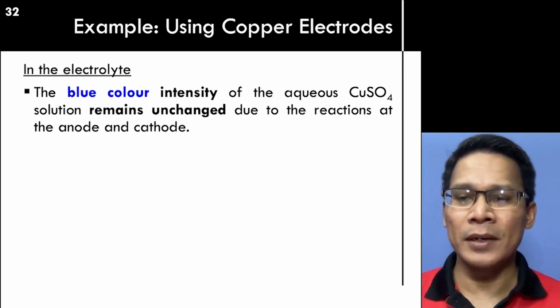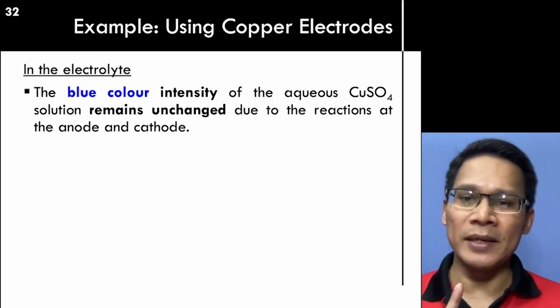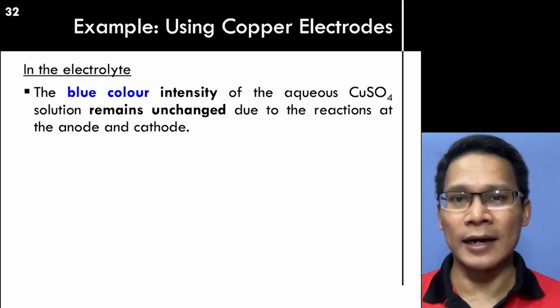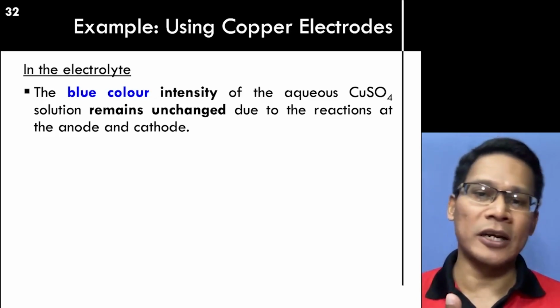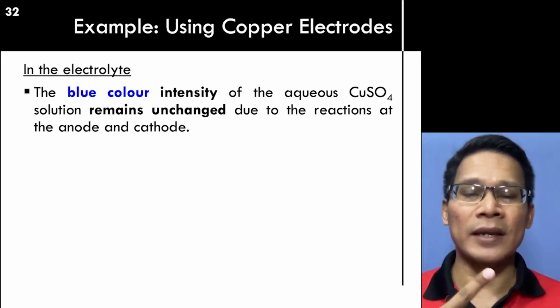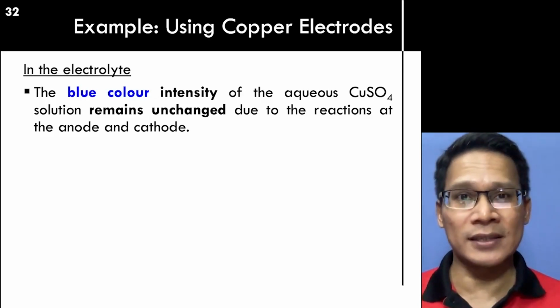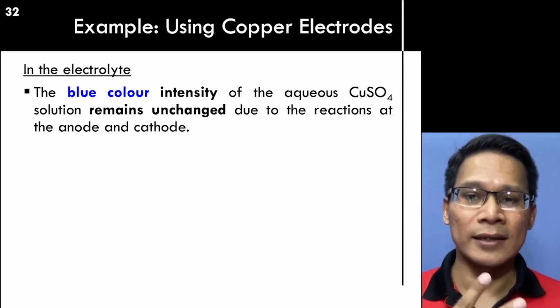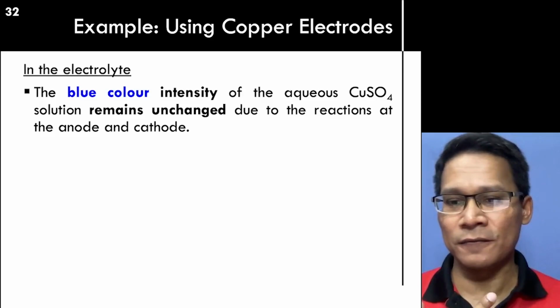To recap, the three factors that will determine the ions to be discharged at the anode or cathode are the standard reduction potential of the ions, the concentration of the electrolyte, which only affects the anion, and the type of electrodes, whether inert or active.